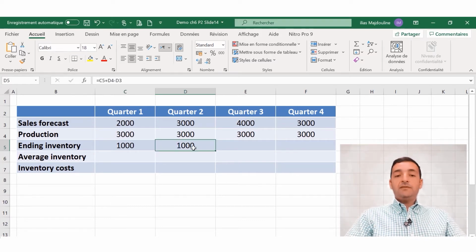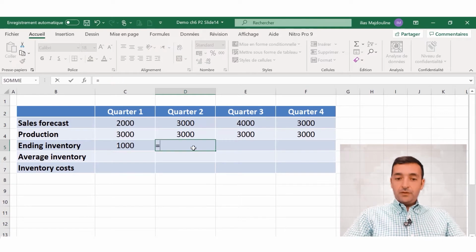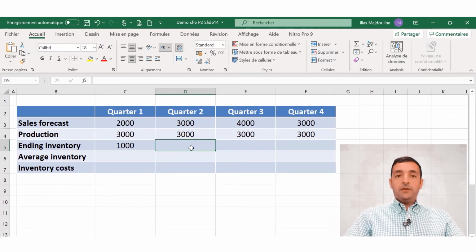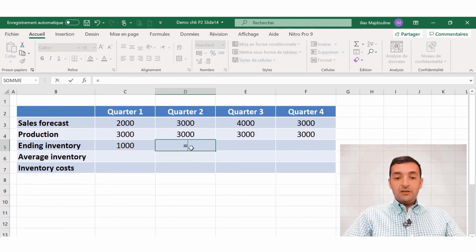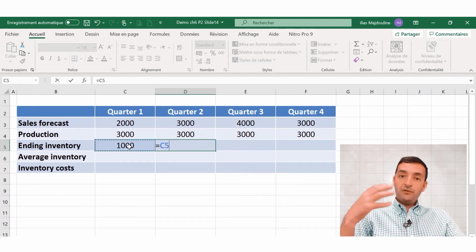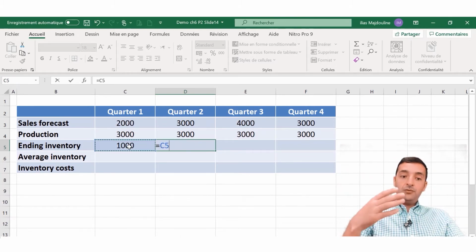Now the ending inventory for quarter 2 is calculated by taking into account the ending inventory for the previous quarter, which is 1,000 units.